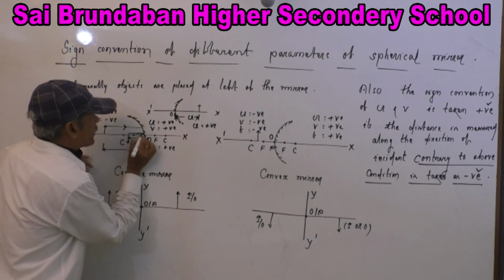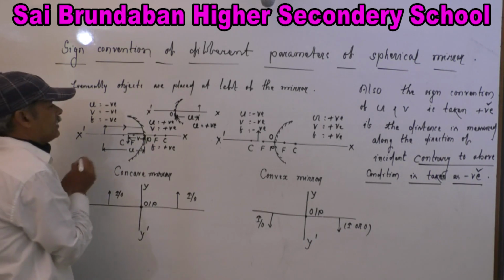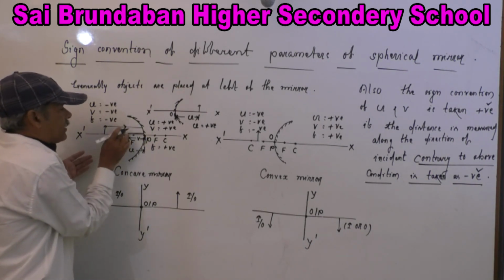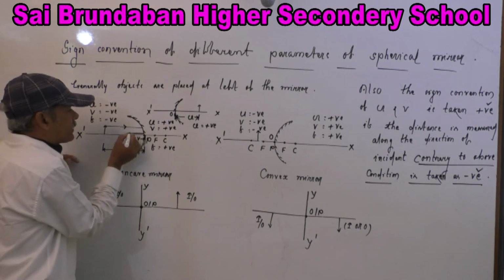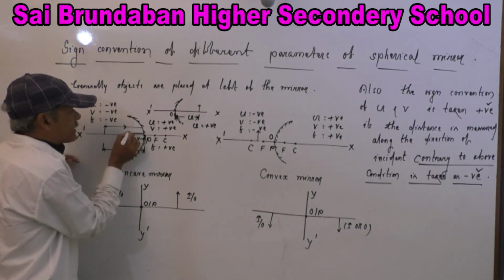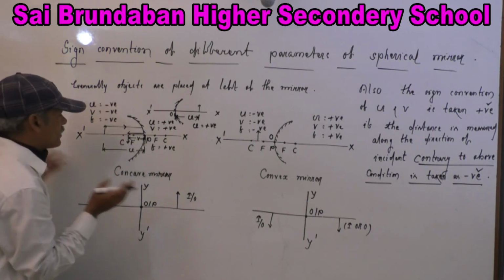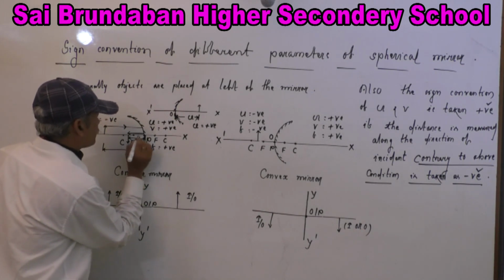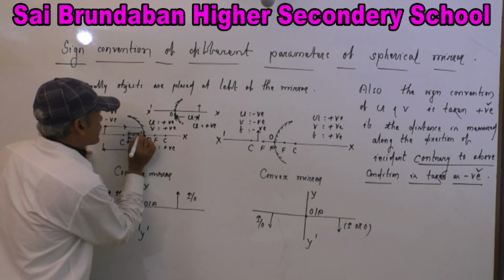The incident ray direction is this, but we are measuring contrary to this. So that's why V is negative.